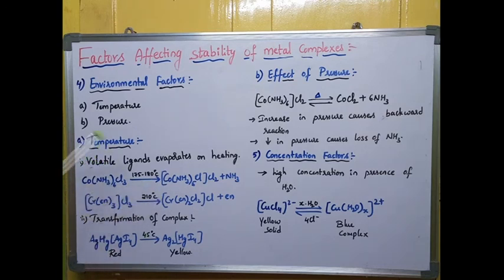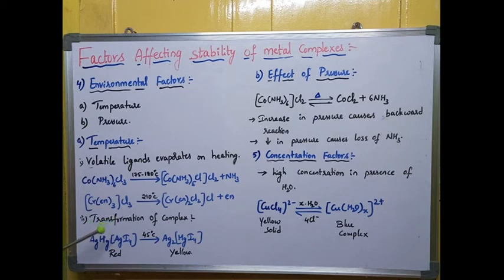At 210 degrees centigrade, the ethylene diamine molecule may get evaporated from outside and Cl will enter into the coordination sphere in order to satisfy the valency. So at 210 degrees centigrade, one ethylene diamine molecule is getting evaporated. So if I heat some complexes at high temperature, there is evaporation of certain ligands. You can see here NH3 and ethylene diamine can be evaporated.